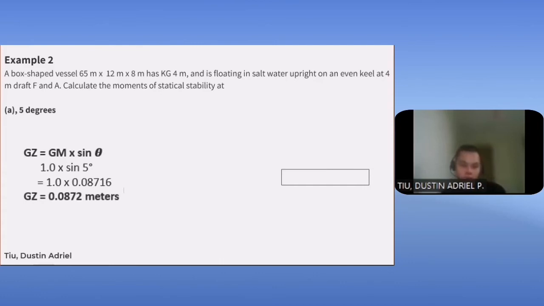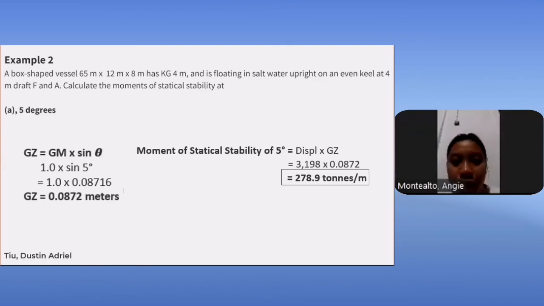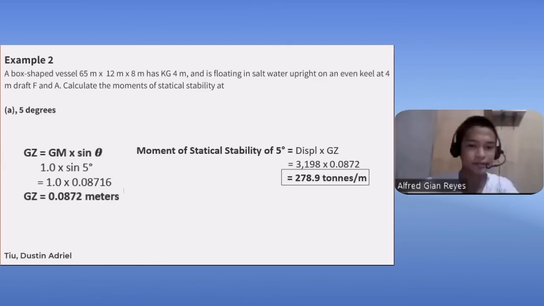So 1 times sine 5 degrees is equal to 0.0872 meters. So we can now solve for the moments of statical stability. W times GZ, so 3,198 tons times 0.0872 meters is equal to 278.9 tons per meter.